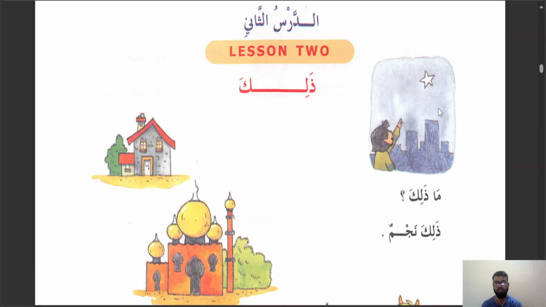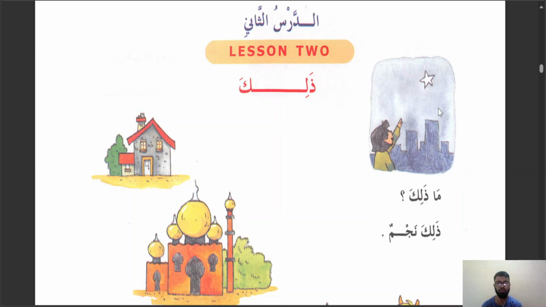Dhalika is used for far things and Hadha is used for near things. Also, Hadha is used for muzakkar, masculine, lil qareeb, for objects which are near, and Dhalika is also used for muzakkar, lil ba'id, for objects which are far.